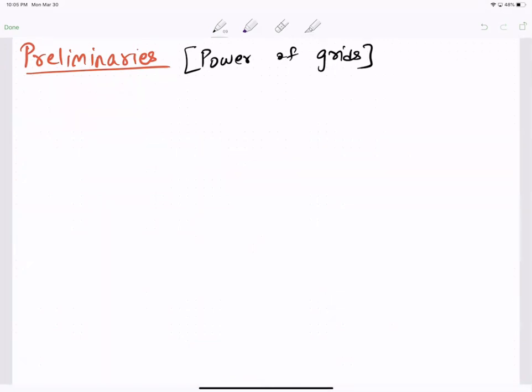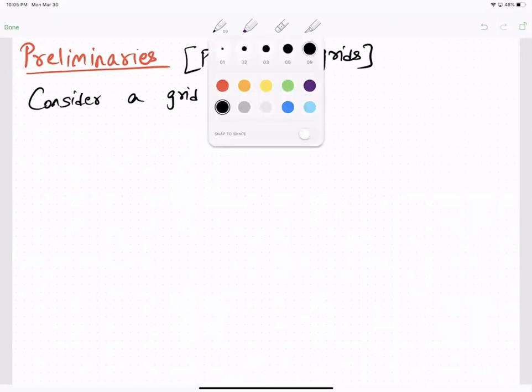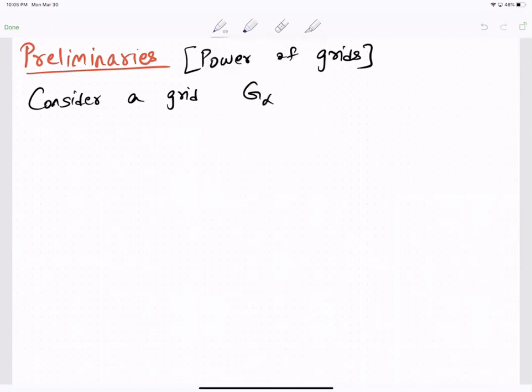So consider a grid G alpha. What does that mean? Visually, this is how it looks.